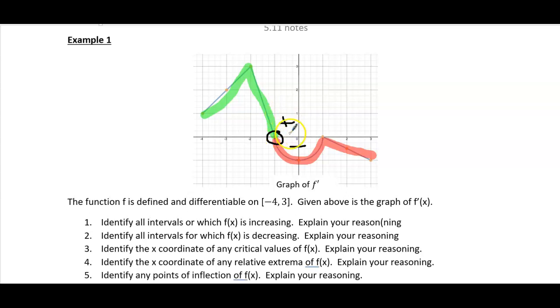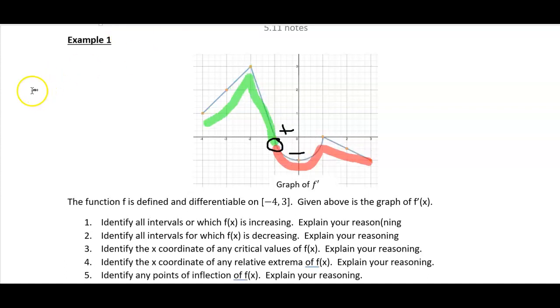So when you go from a positive slope to a negative slope, that is a relative max. And so here's what we would write. We would say f has a relative max when f prime changes from positive to negative. This happens at x equals -1.